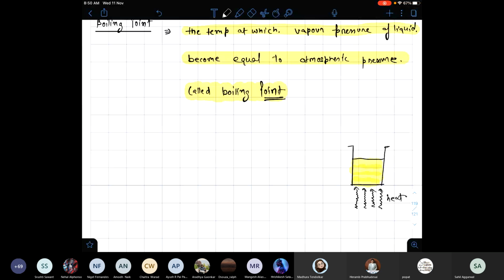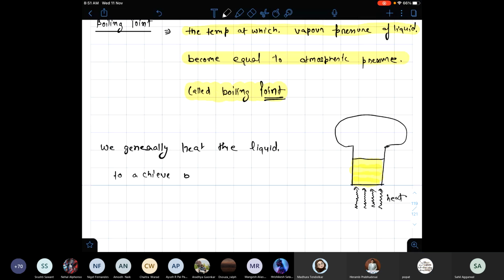That means we are increasing the temperature to boil a liquid. We generally heat the liquid to achieve boiling point.